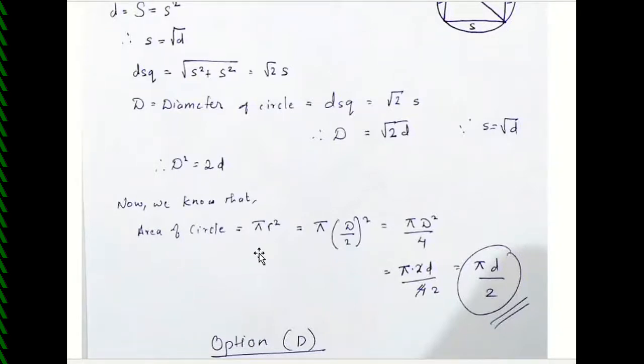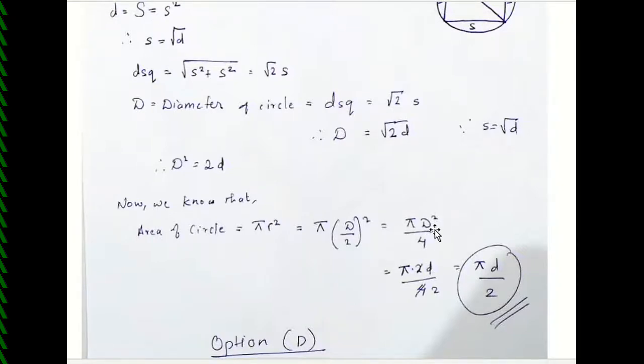Now you know that the area of circle formula is pi r square, and then instead of r, I've substituted diameter, that is D by 2. You know, right? The diameter of a circle is twice the radius. So D by 2 is equal to radius, square, that is pi d square by 4.